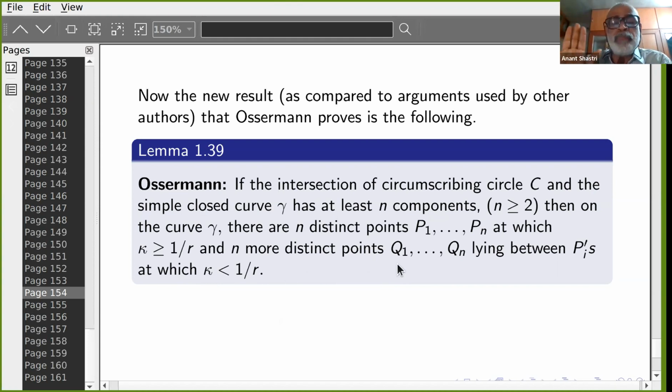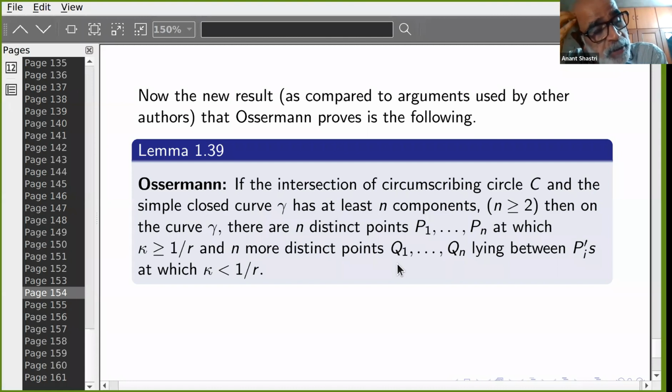Suppose you assume that this result has been proved. I want to say that the proof of the Kneser–Mukhopadhyaya theorem will be completed. There will be 4 points wherein the derivative of kappa must be 0.